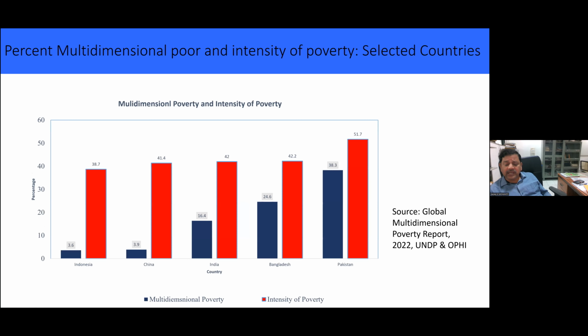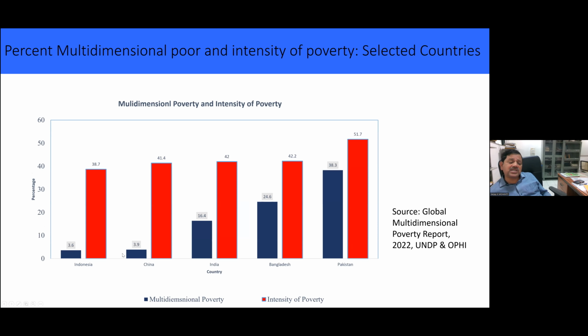And this is the other indicator you can see here. What I have put is for the same set of countries. So I also added the indicator A, which is the intensity of poverty. We do not see much variation in the intensity of poverty, irrespective of the level of multidimensional poverty.